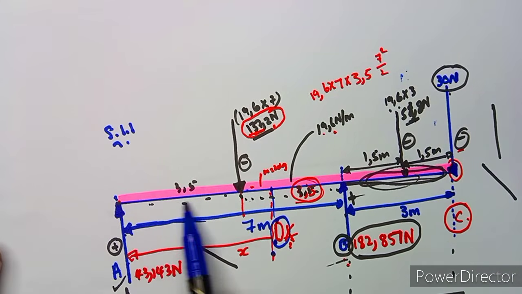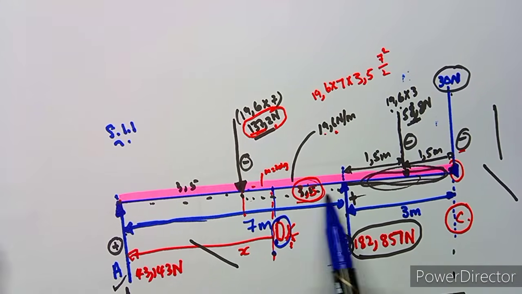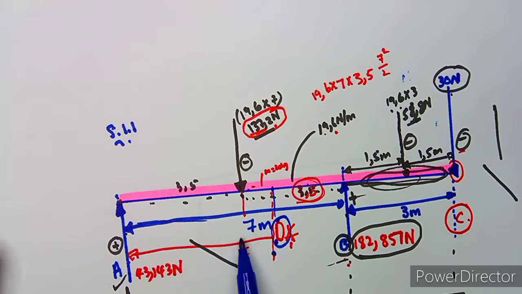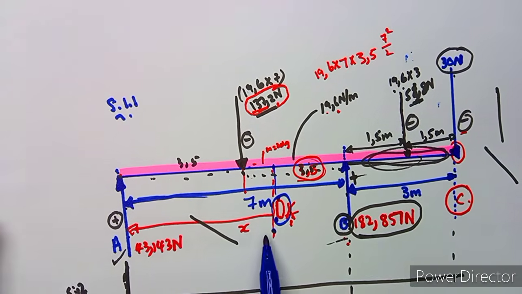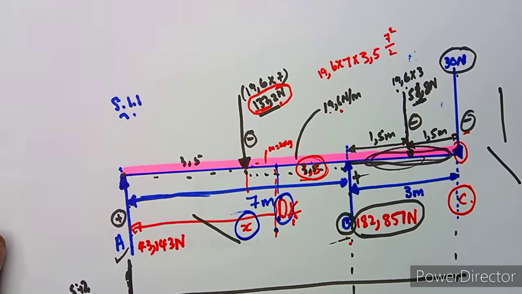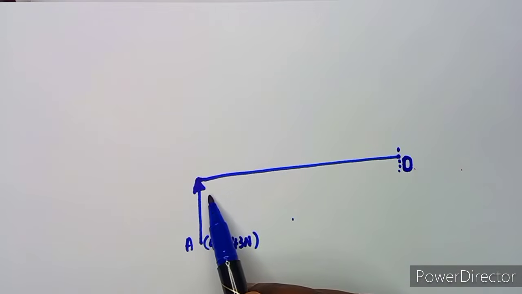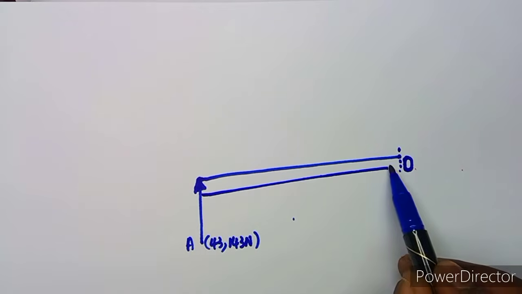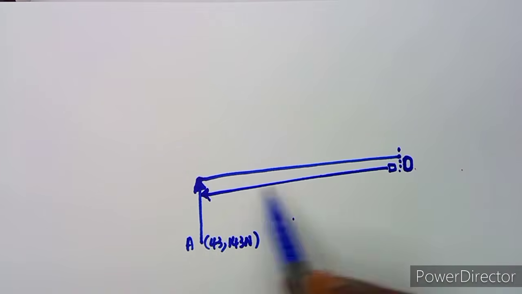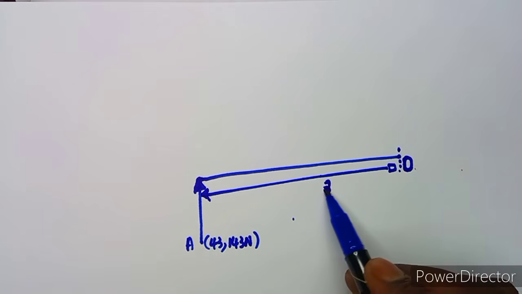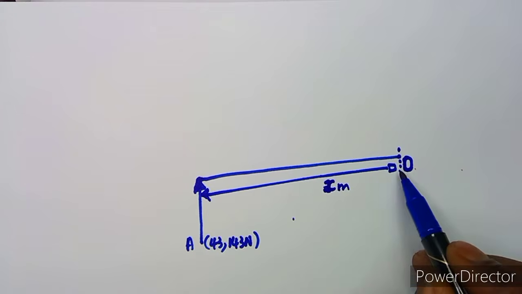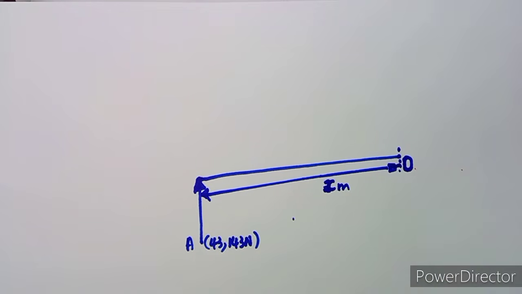But remember, all that we have is throughout a distributed load, and now the distance, since we do not know it, we are just going to assume it to be X. So we are going to have a distance here of X meters in between these 2 points. Remember, this is distributed in between these points.